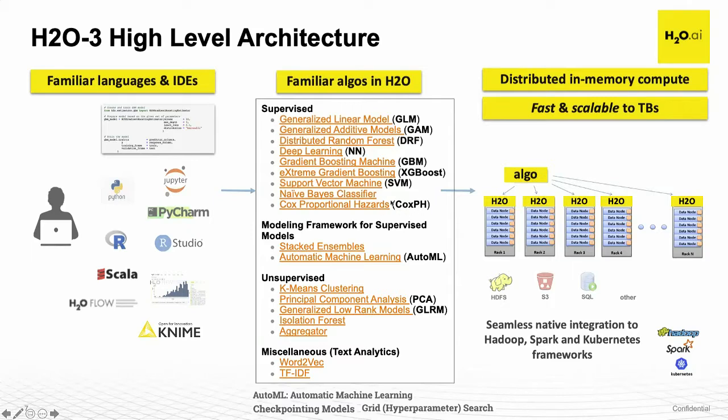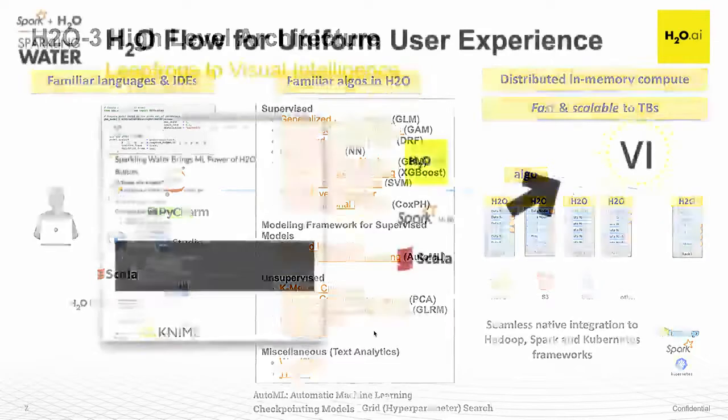We have recently added the Cox proportional hazard model. Again, there's the automated machine learning option to identify the best supervised learning model for the data that you provide. And then we have some unsupervised learning methods like isolation forest, for example. That's something that a lot of customers find useful for anomaly detection.